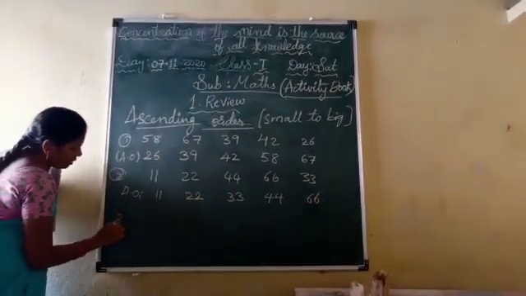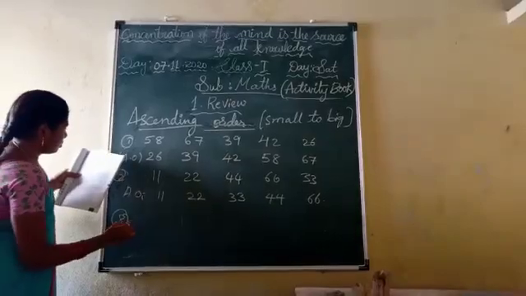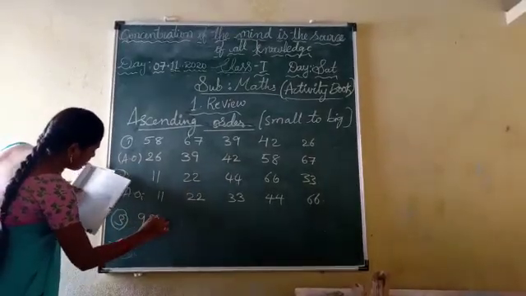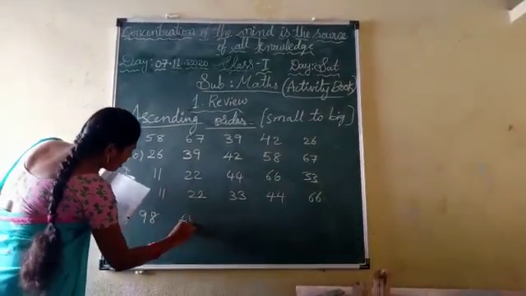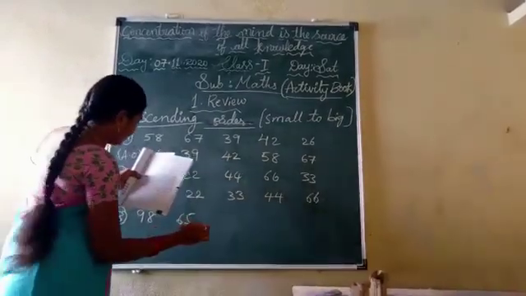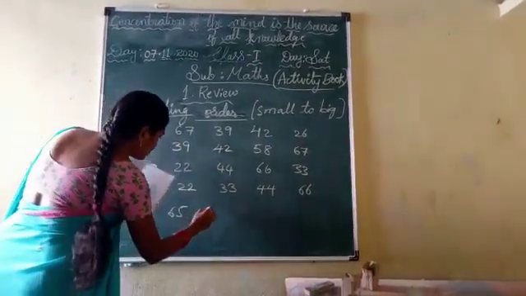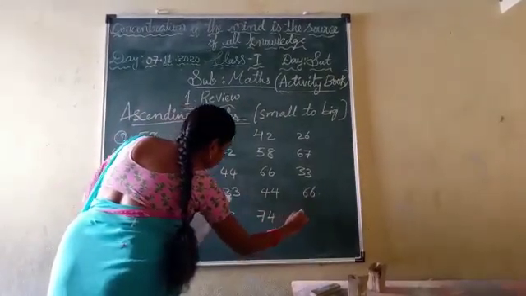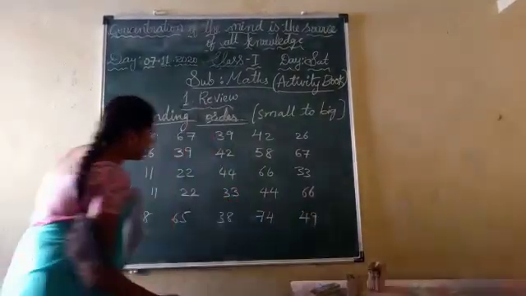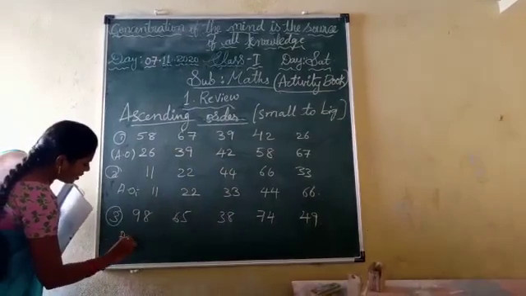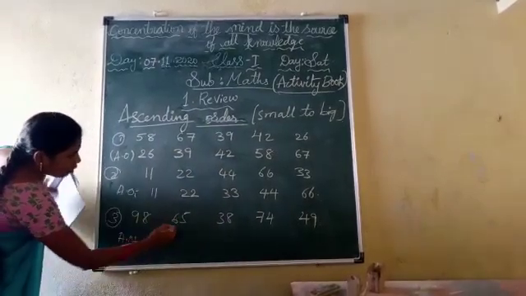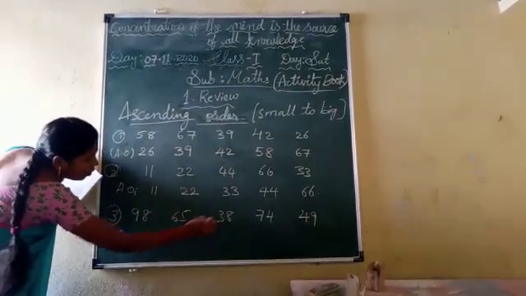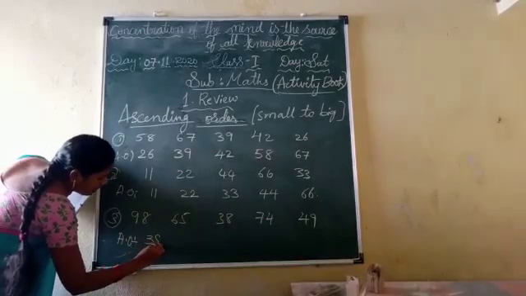Next, the third one. See the third one: 98, 65, 38, 74, 49. Here ascending order means small to big. Which number is small? Here 38 is small. So first we have to write 38.